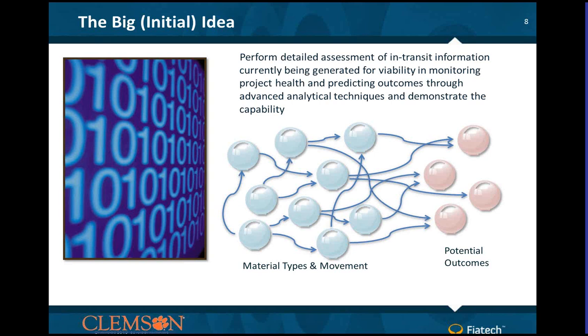What if we could study this information and statistically tease out patterns in the data that might suggest, using advanced analytical techniques, what you could do about it before it happens? So sort of like trying to forecast the stock market.